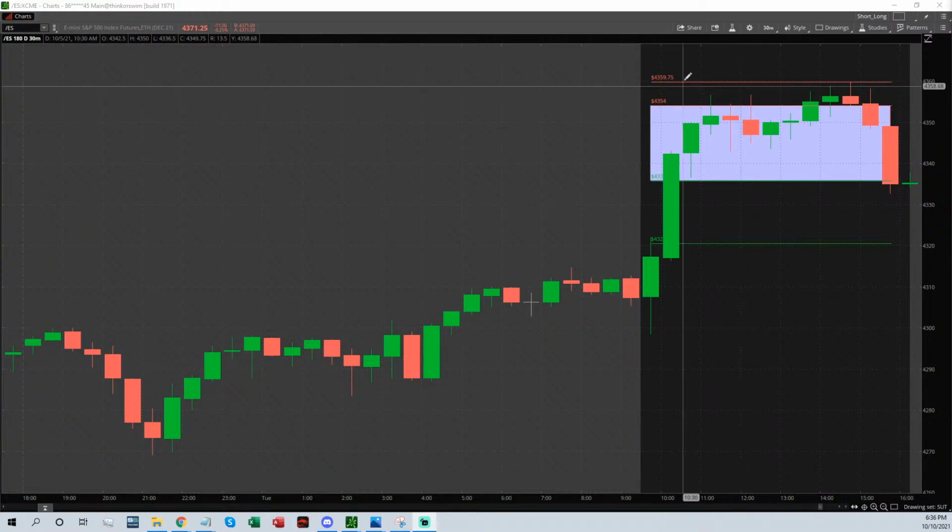So this top zone is from 43.54 to 43.59.75 that day, and the bottom zone was down here around 43.20 up to 43.34.75. So from 34.75 to 54, that was the value area. That's what I'm looking at.